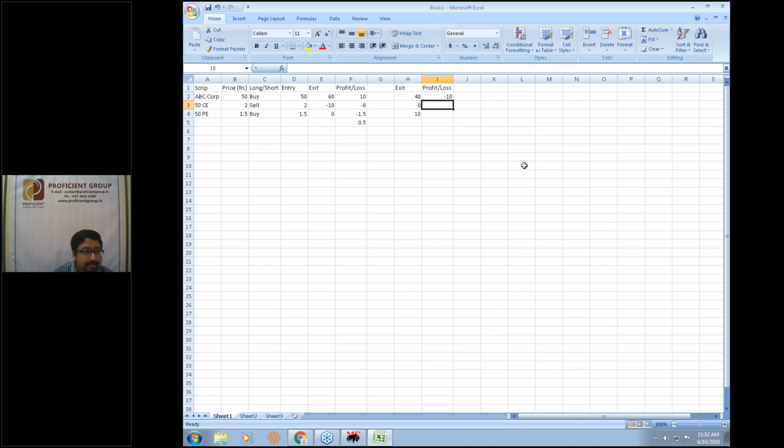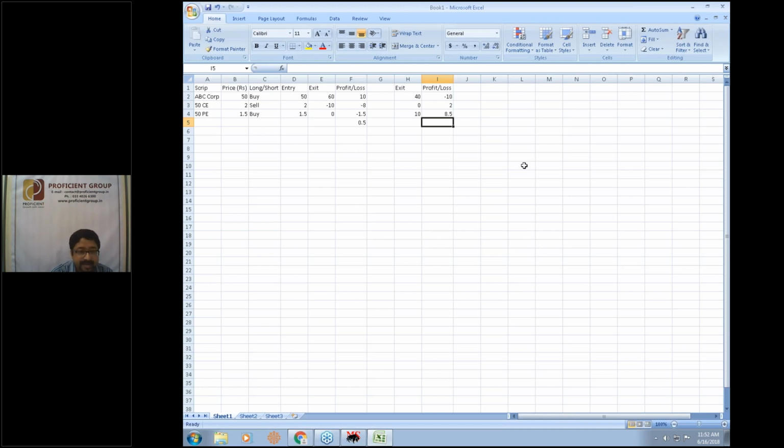The call that we sold at rupees 2 gives us a profit of rupees 2, and the put that we bought at 1.50 gives us 10 rupees, but we had to buy this put at rupees 1.50.